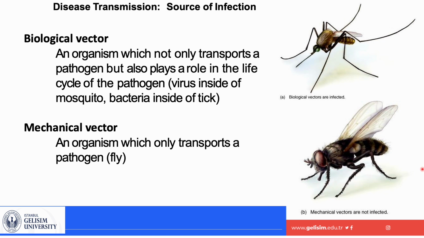Examples of biological vectors are mosquitoes and ticks, while flies are examples of mechanical vectors. They're just transporting the pathogen. The biological ones are actually letting it grow inside their body. They play a role in the pathogen's life cycle.